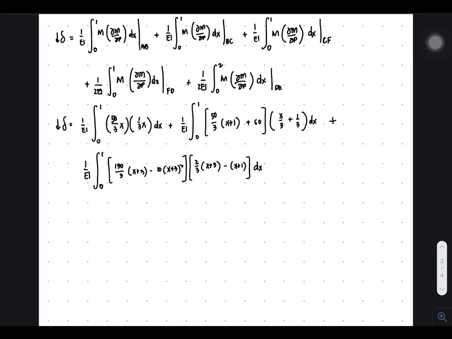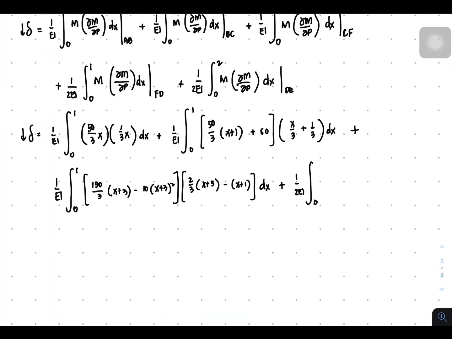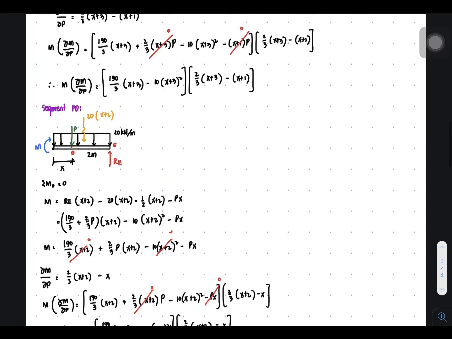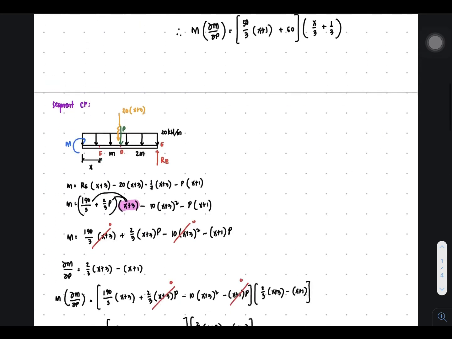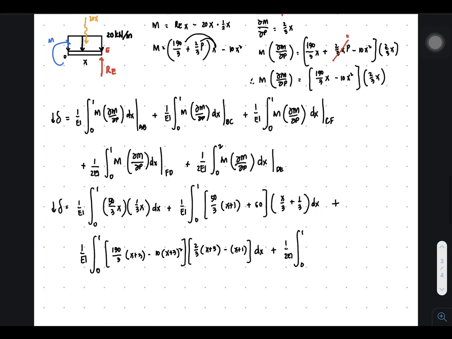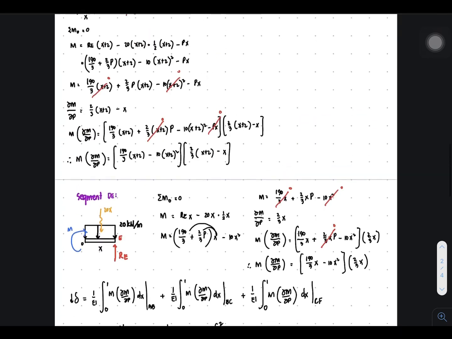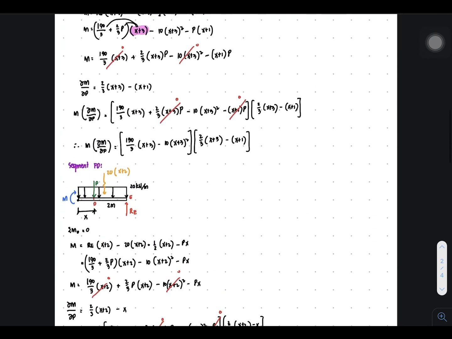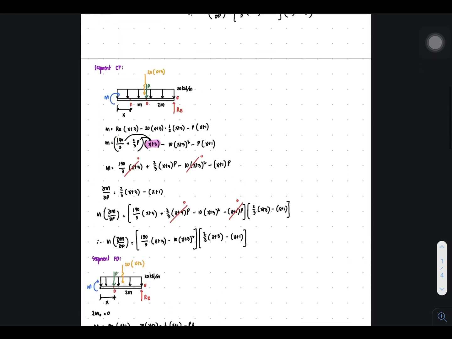Then plus here 1 over 2 EI. The integral from 0 to 1 limit. So this is for segment FD. Where is FD? Oh, I have a shortcut.